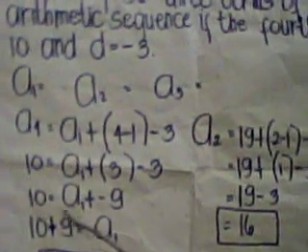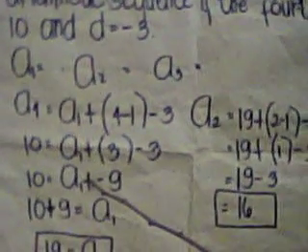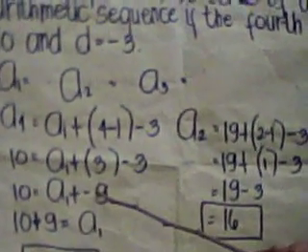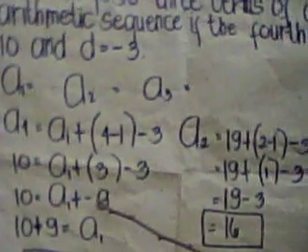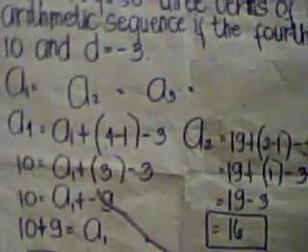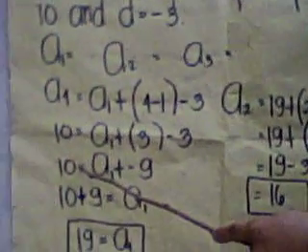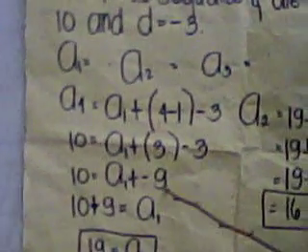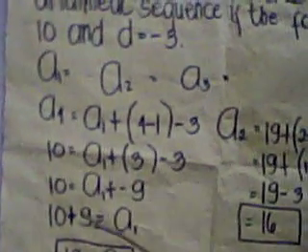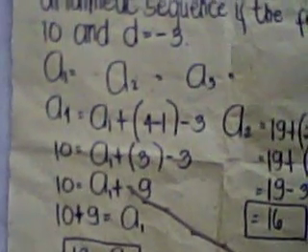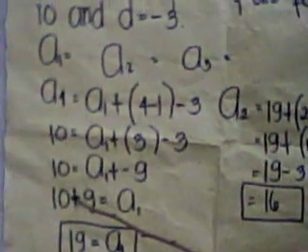Bring down the 10 again, and 3 times 3 is 9, and copy the sign. To add this, you can transfer it to this side, and the sign is changed.